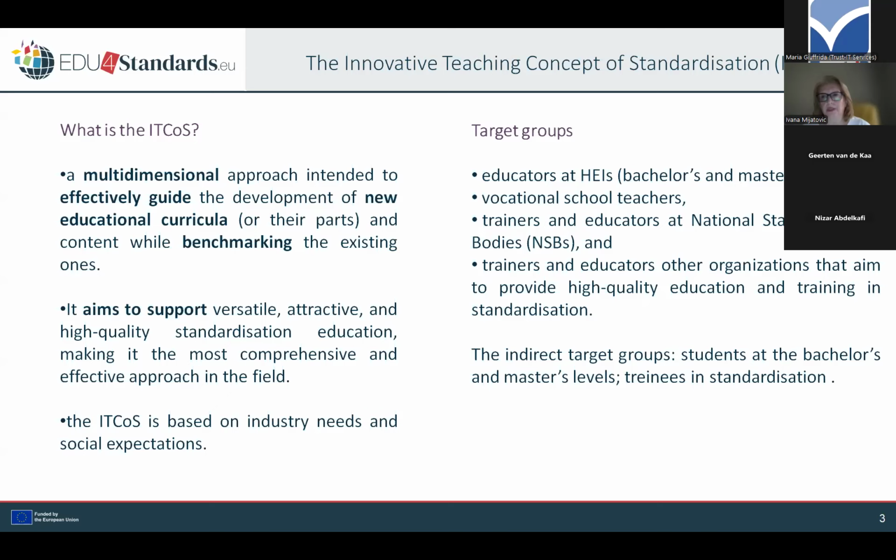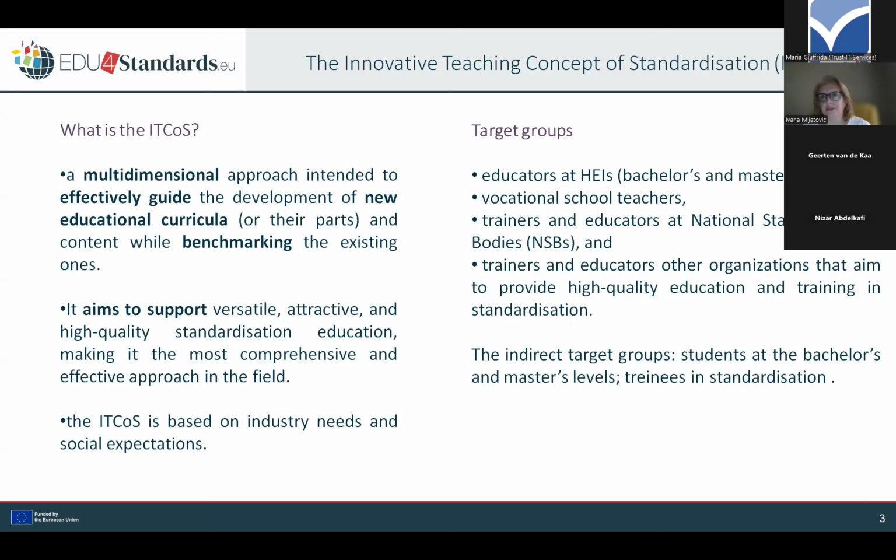The aim of this concept is to support versatile, attractive, and high-quality standardization education. It is based on industry needs and social expectations. All our rationale and analysis are given in our deliverable 2.3.